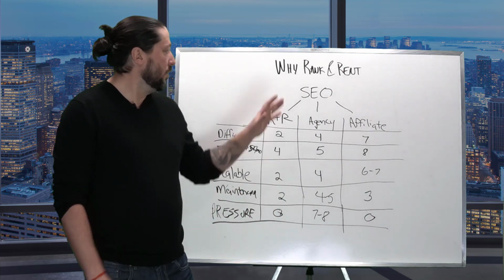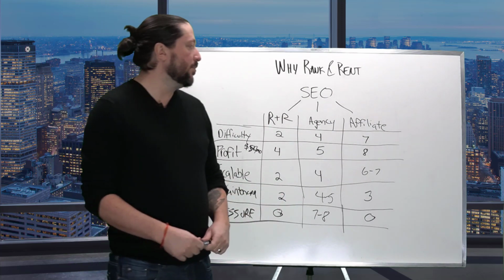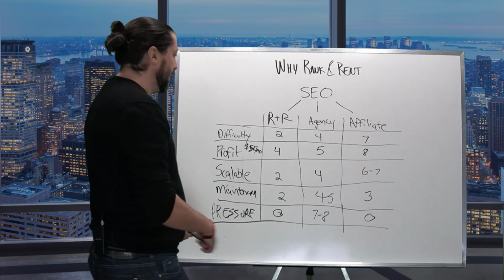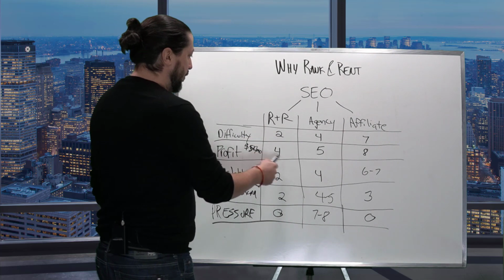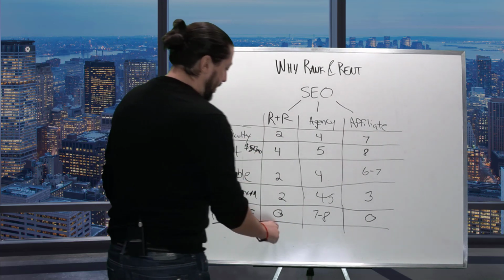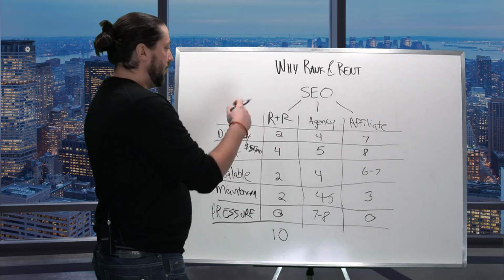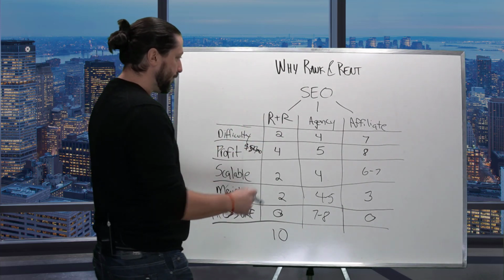So when you look at all these items, and I'm sure there's more that I could go over, we have a total difficulty or a total score here. Remember this whole thing, why do I choose Rank and Rent? 0 is the easiest, 10 is the hardest.